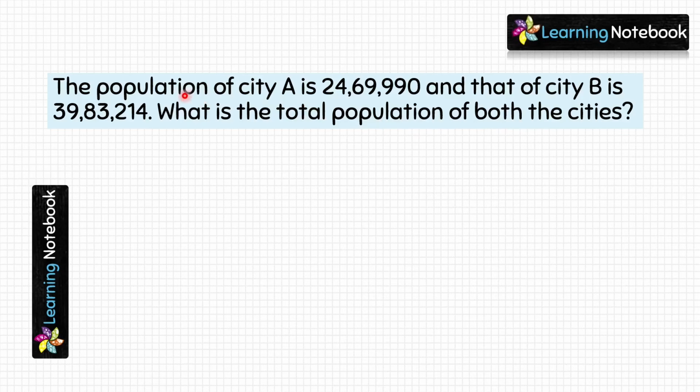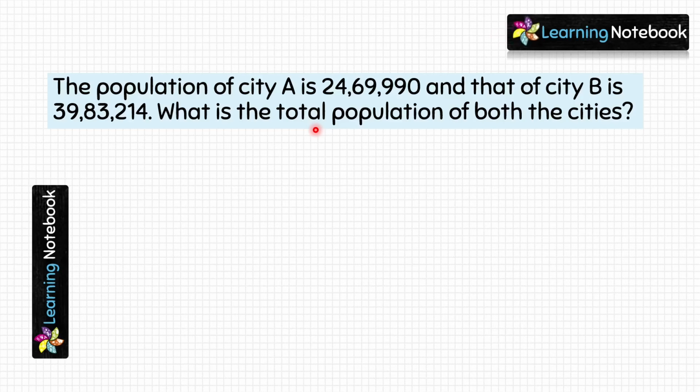Here we are given the population of city A and population of city B. And the question is asking us to find the total population of both these cities. Since we have to find total population, it means we have to do addition here. Okay, so we have identified that we have to do addition in this word problem.